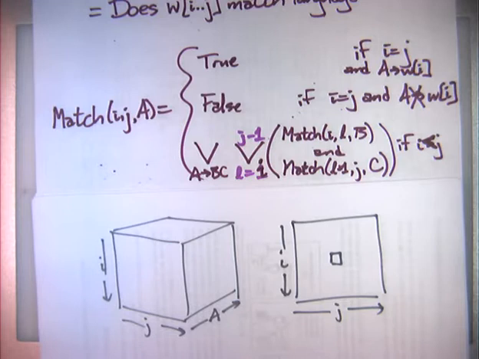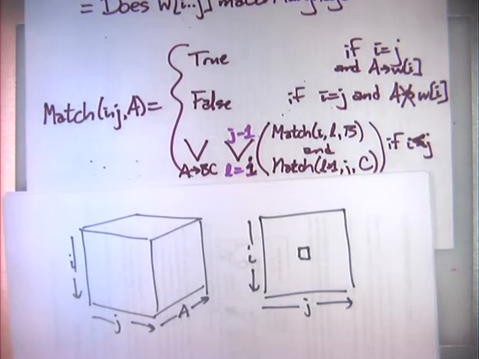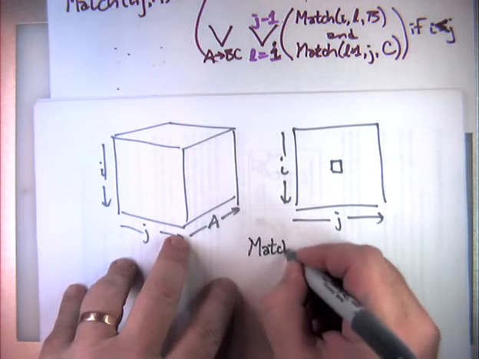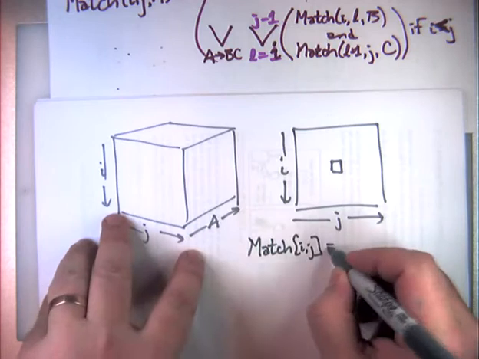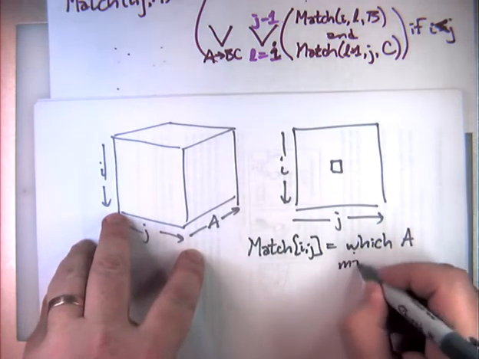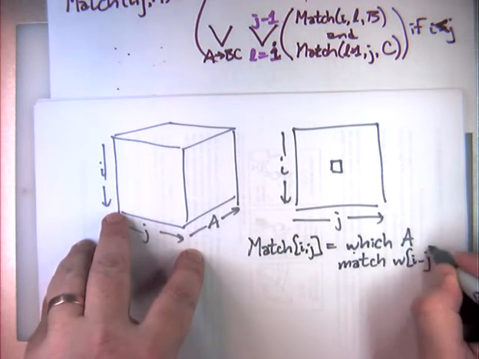All right. When I really implement this, I'm going to implement it as a 3D array, but that's too hard to think about, so I'm going to factor it a little bit. I'm going to have an array where match[i][j] is which non-terminals A match the string from w_i through j.